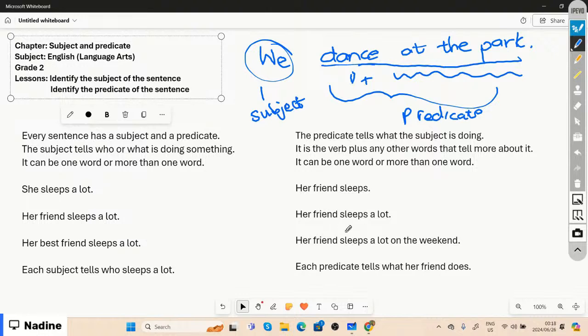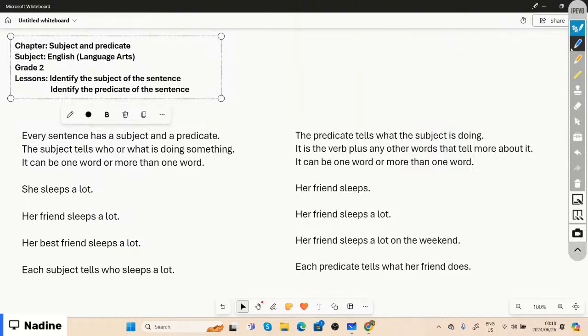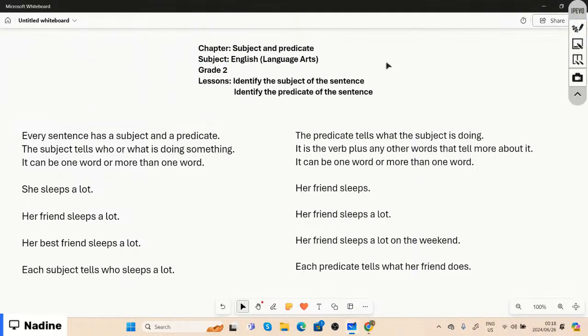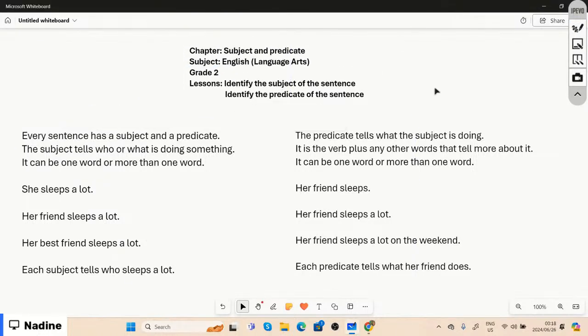All right. So once again, before we go on to aplusstudents.ca, to our chapter subject and predicate, we see that every sentence has a subject and a predicate.